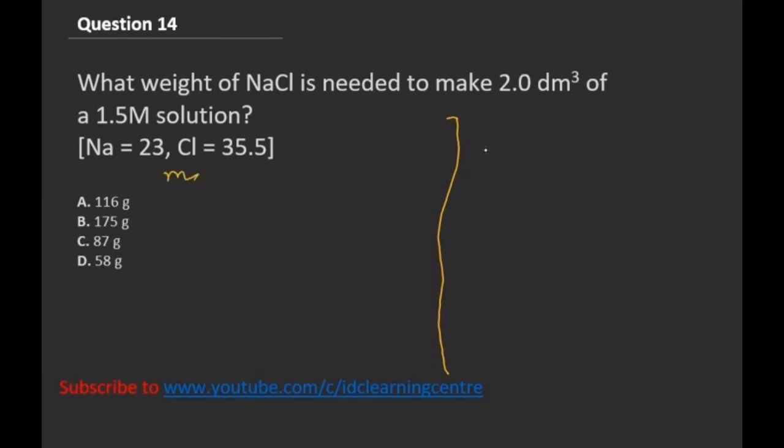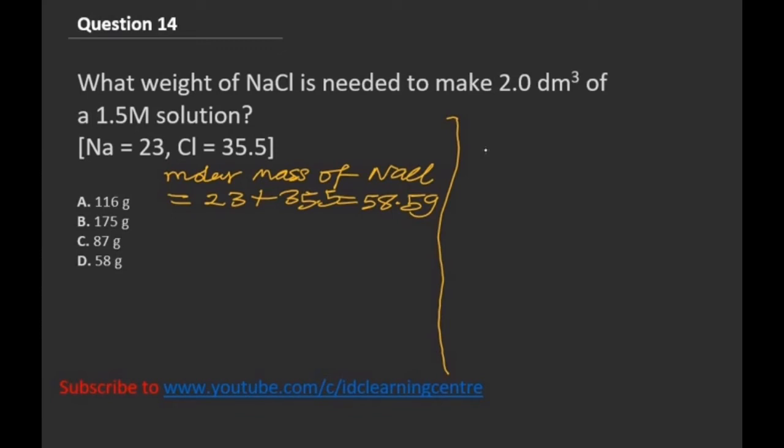The molar mass of sodium chloride will give us 23 plus 35.5, which will sum up to give us 58.5 grams.